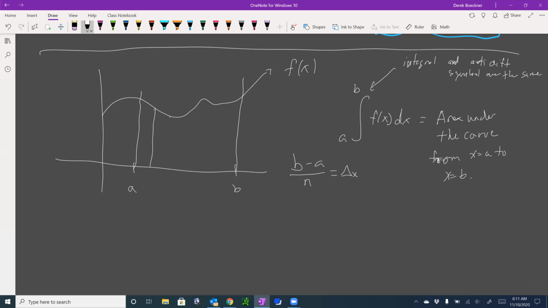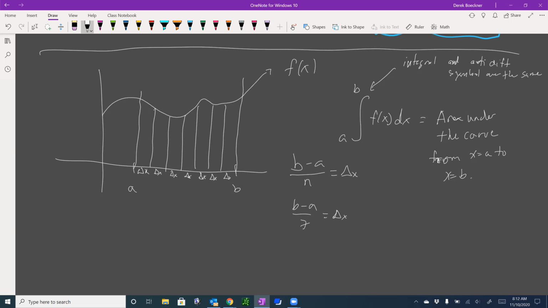So if I want 7 rectangles, right, I'm going to take b minus a over 7 is delta x. That's how far each one of these is apart. There's a delta x here, delta x there, delta x here, delta x here, delta x here. That's the width of each of my rectangles.